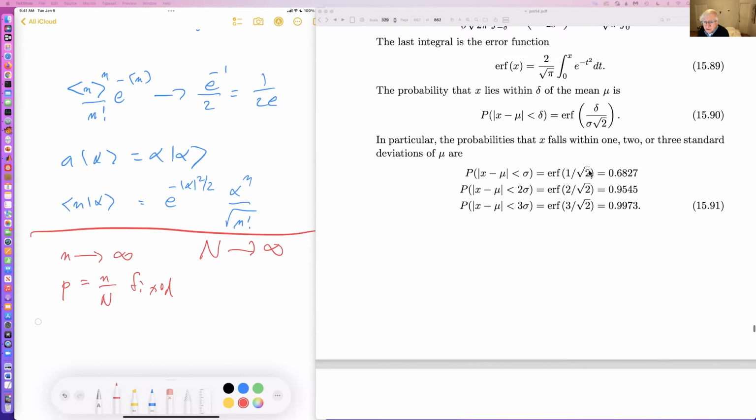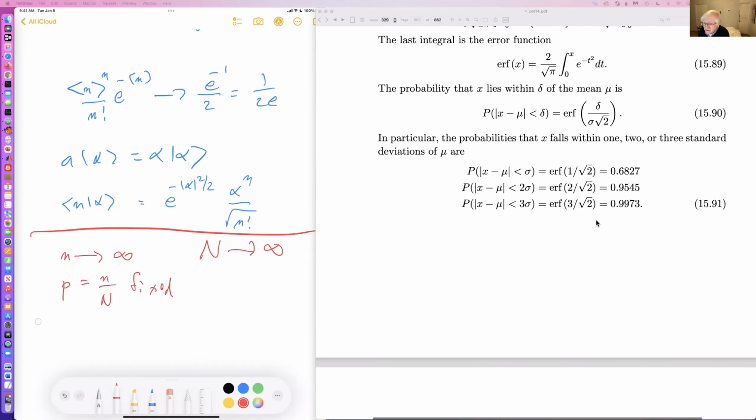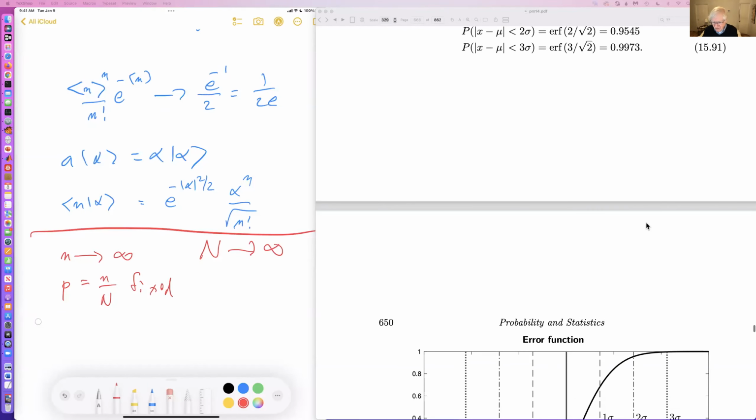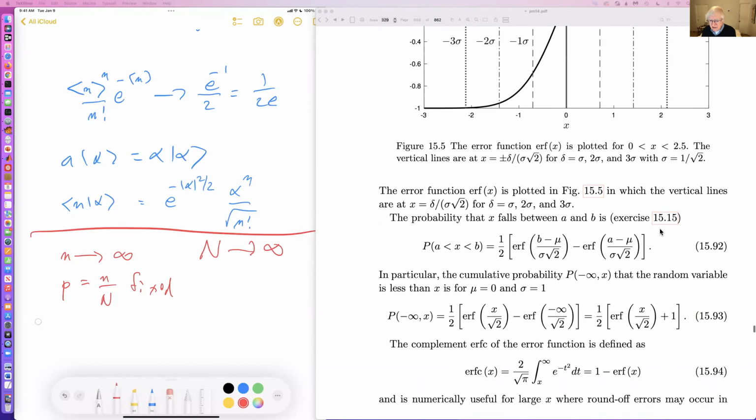I'd have to compute what that is, but 4 sigma is probably 0.999 something or 0.9999 something, and 5 sigma is very, very close to 1. But I don't have those things memorized, so I can't really tell you.